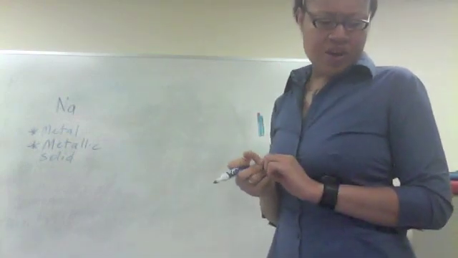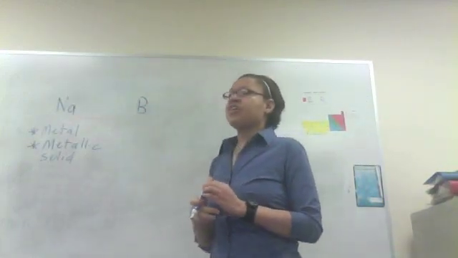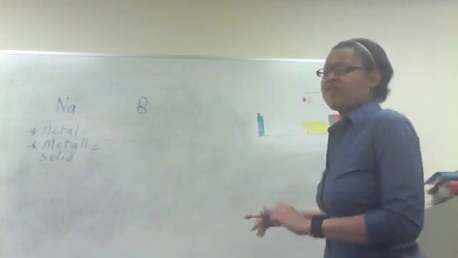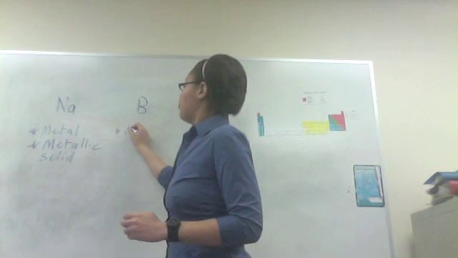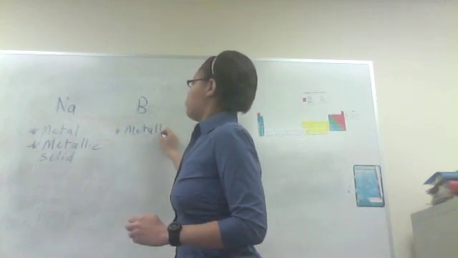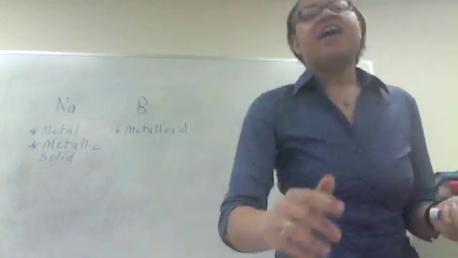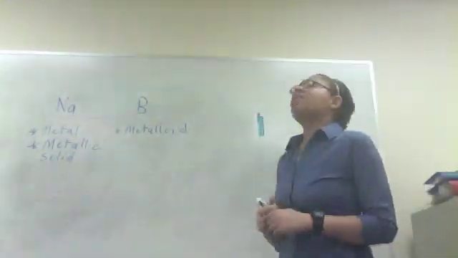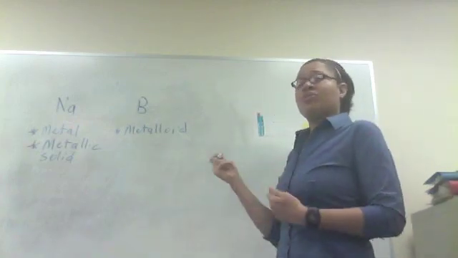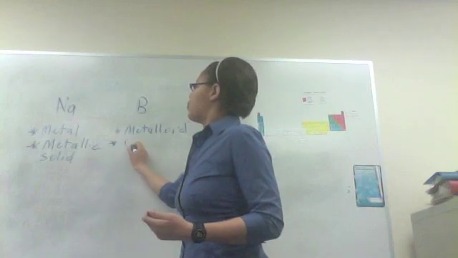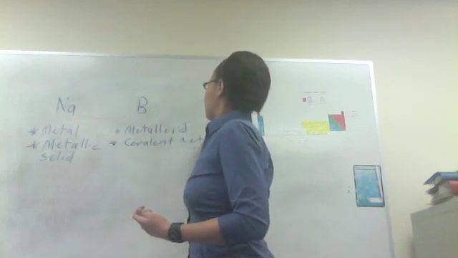Okay, our next example here is boron. If you look at the periodic table, I have a nice one up here. Boron is not a metal, it's a metalloid or semi-metal. And in class, I said that if you have a metalloid or carbon, you would expect or predict those to form covalent network solids.